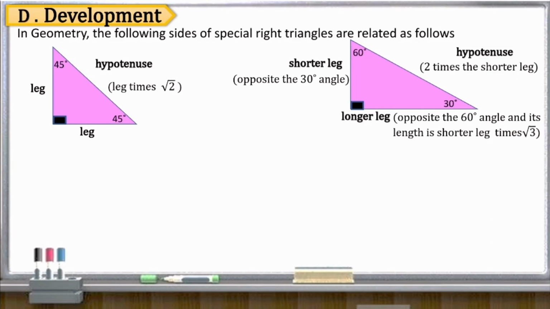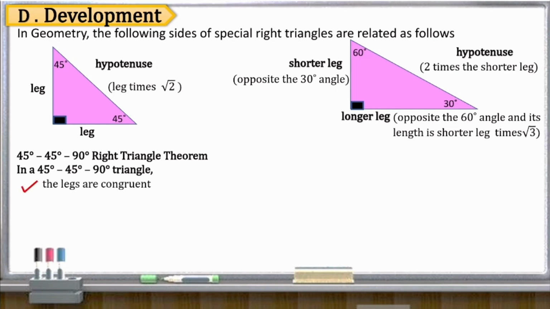As you can see class, in a 45 by 45 by 90 degree triangle, the legs are congruent. Ibig sabihin class, magkasing haba or parehas ng sukat yung legs dito sa 45 by 45 by 90 degree triangle.